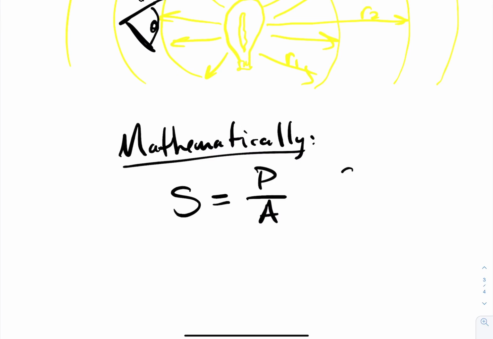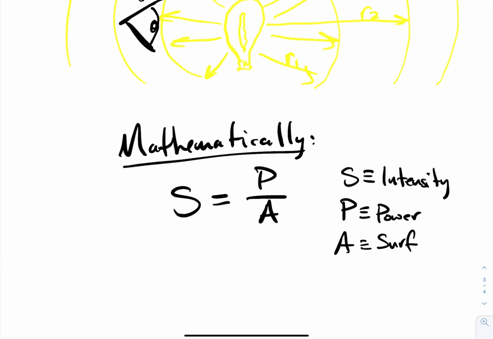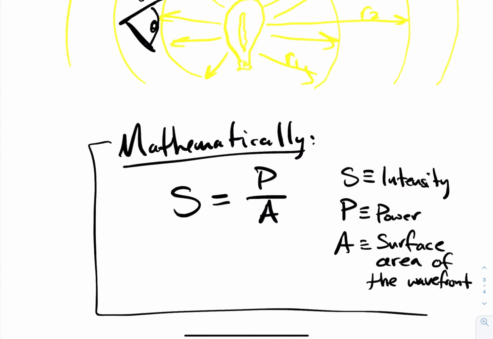And so we'll define S as intensity, P as power, usually measured in watts, and A is the surface area for which the power or the energy is spread out, the surface area of the wave front. And so there it is.